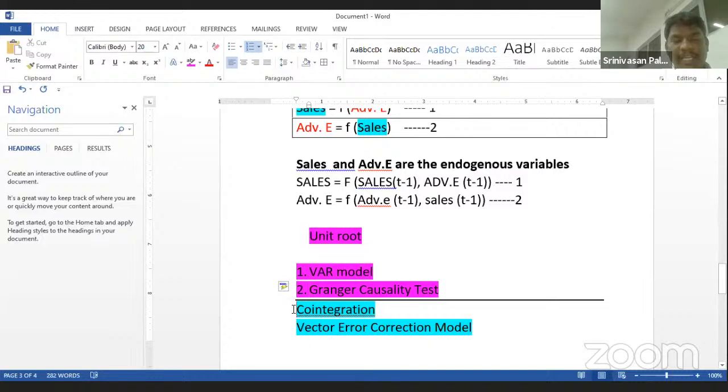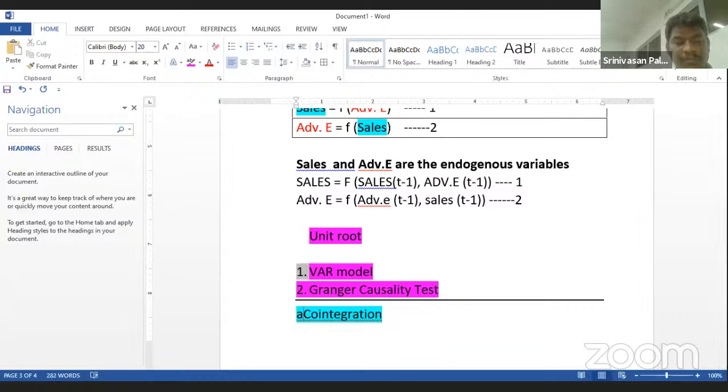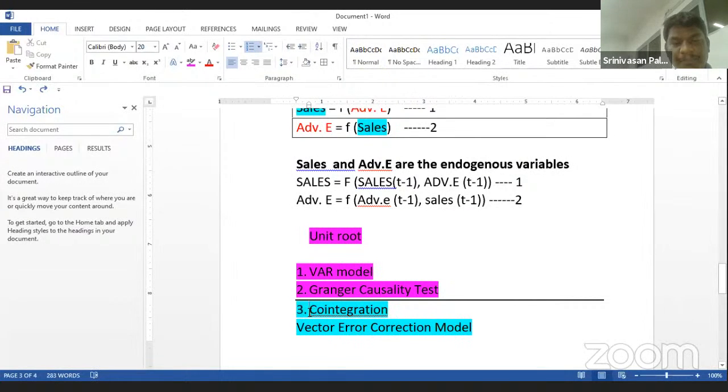Any one model, either 3A or 3B, because both are combined. If you're going for co-integration, you have to go for the vector error correction model, combined.